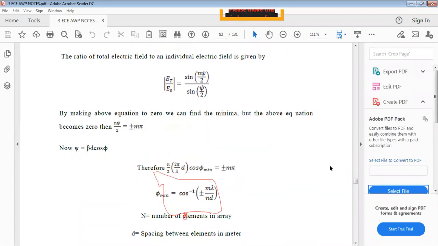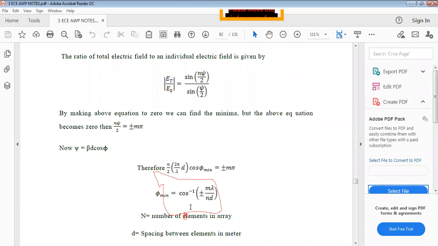Just simplify this: 2 cancels, nd by lambda, and pi cancels. From that, phi minimum equals cos inverse of plus or minus m lambda by nd.